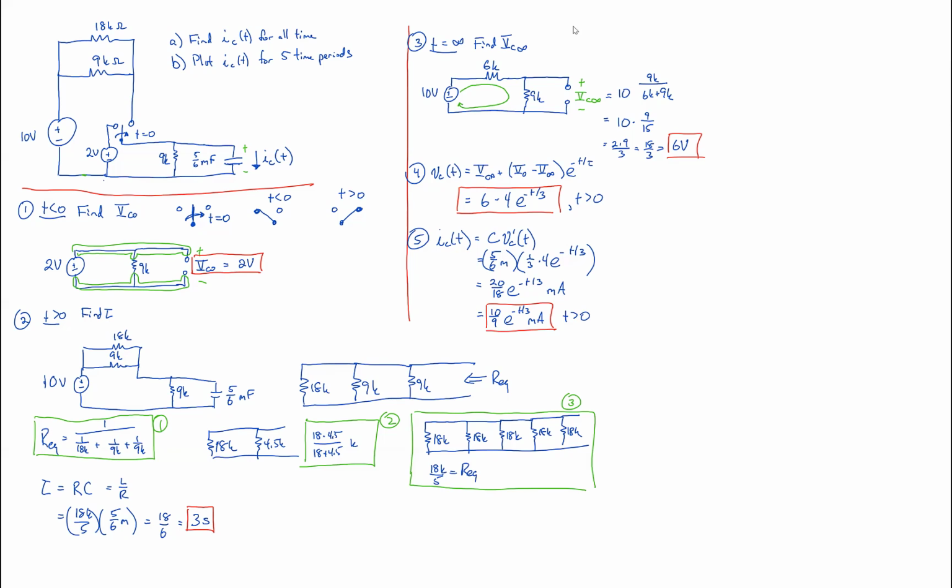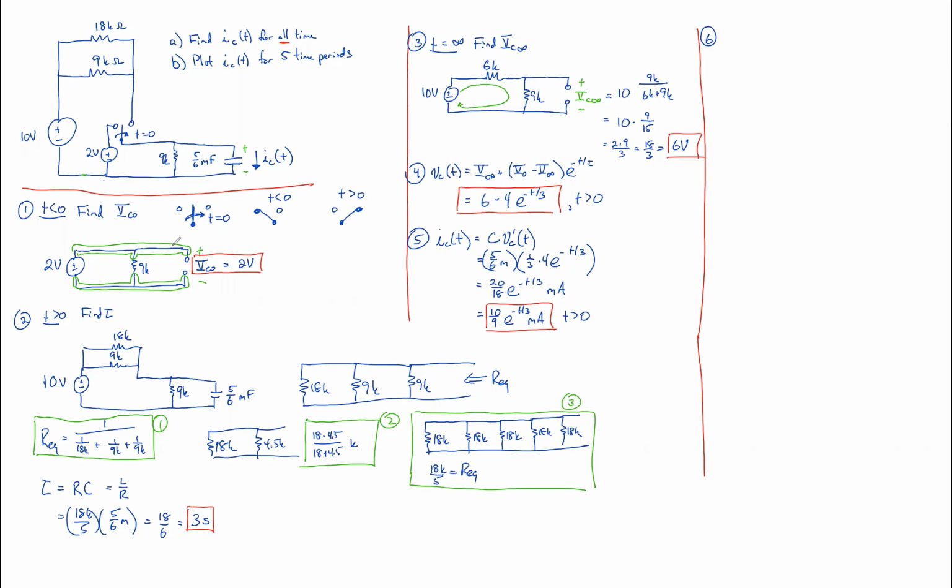Unfortunately, it asked us to find it for all time. So we're going to have to go one step more complicated than that and say this is what it is for time greater than 0, but we need to analyze it for what it is for time less than 0. Well, we already drew exactly what it looks like for time less than 0 over here.